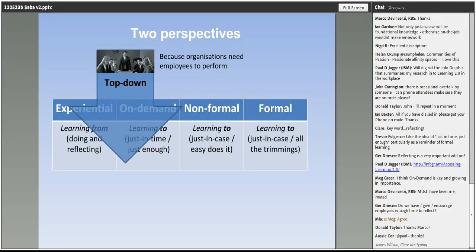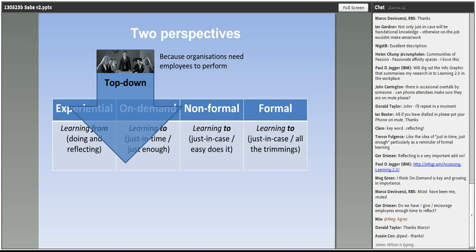It's an obvious thing, but you can't ignore it, that the managers of an organization have an obligation to ensure that the competency is in place for people to do their jobs properly. And that context of top-down learning extends right from formal over to experiential.